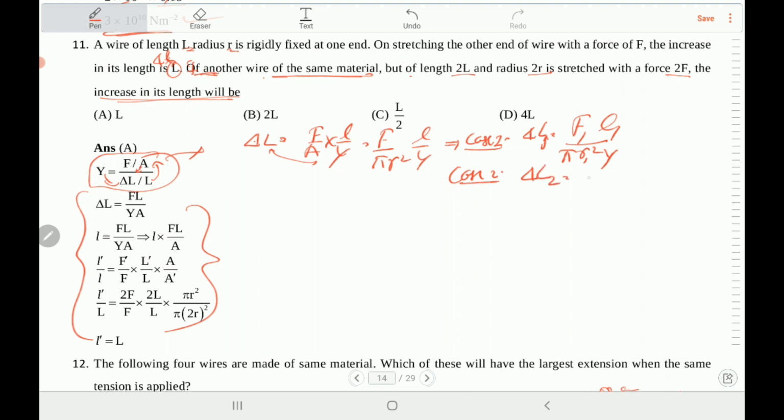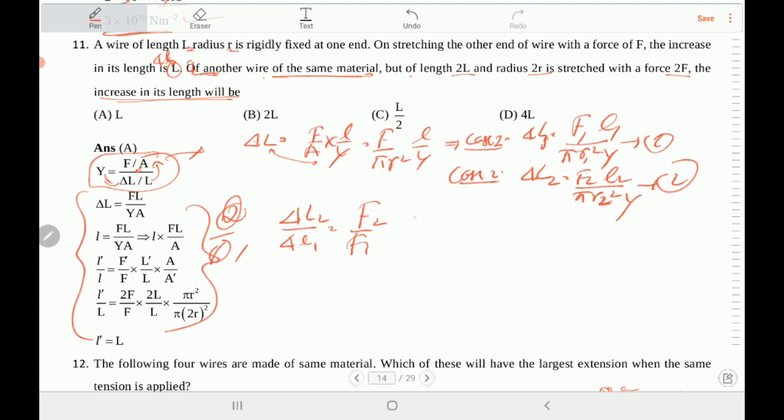Increase in length second case, F2 second case, length second case, pi R2 second case and Y, that's it. You have to find ratio. Increase in length in the second case, that's why delta L2 divided by delta L1 that equal to, if you divide, delta L2 F2 divided by F1, you call this 1 and you call this 2, you are dividing 2 by 1, that's it.